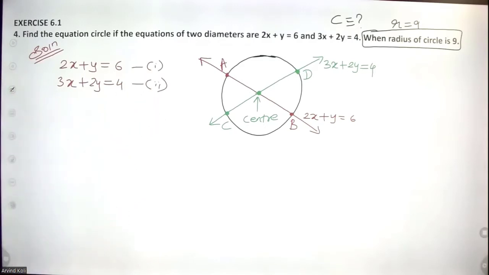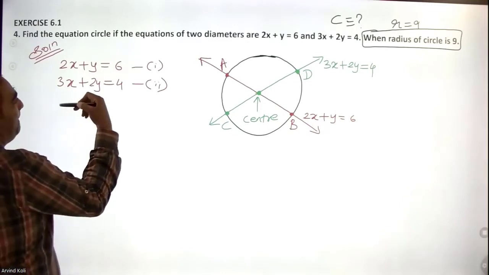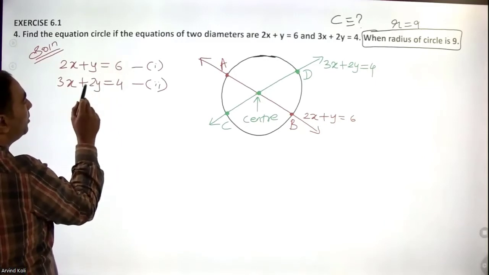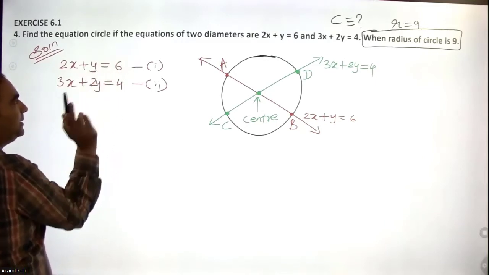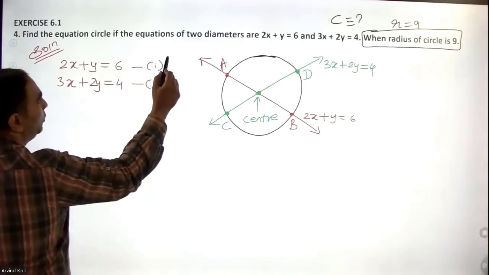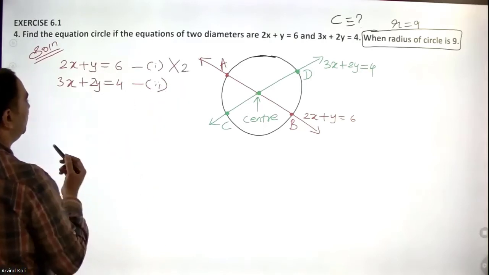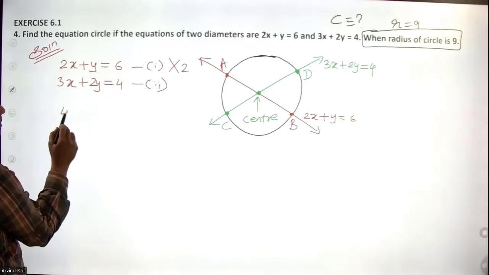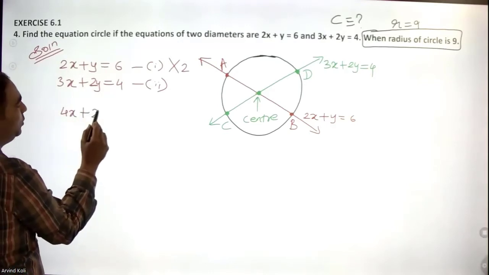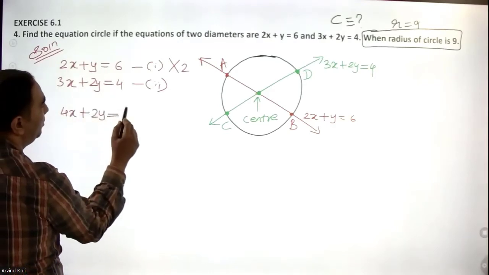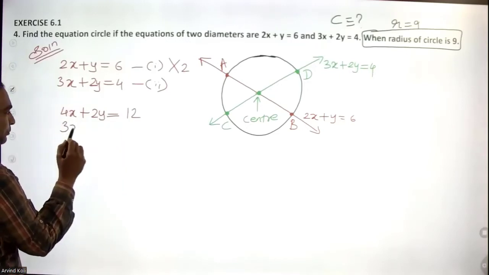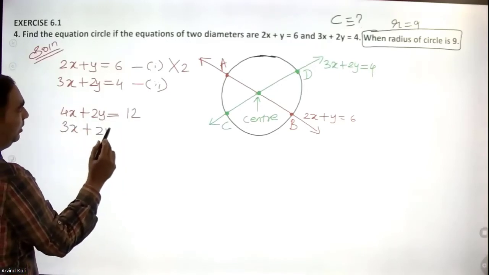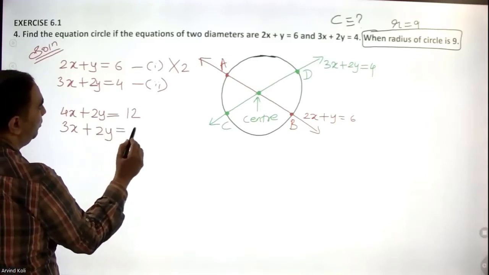Now students, to solve this, let us multiply the first one with 2, because if you look carefully, this is the better option for us. So the first equation becomes 4x plus 2y is equal to 12. The second equation will remain as it is, 3x plus 2y is equal to 4.